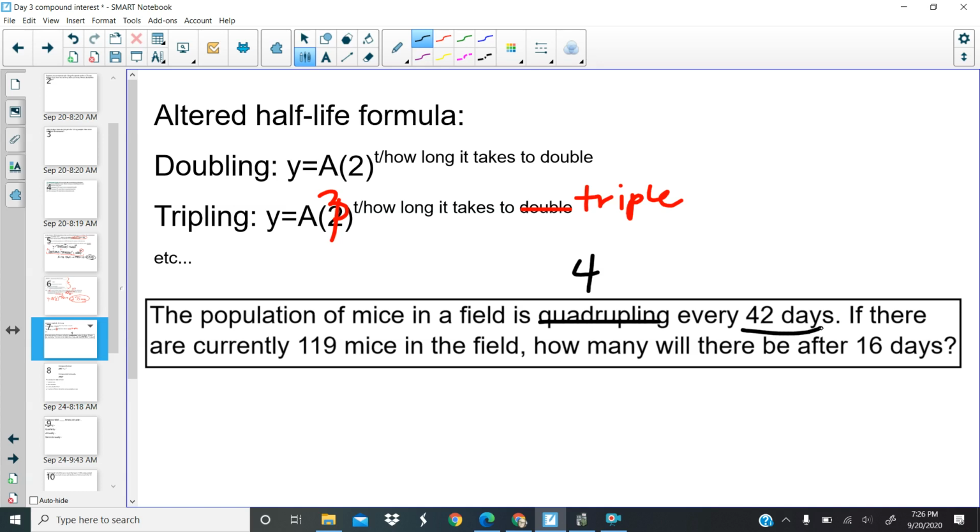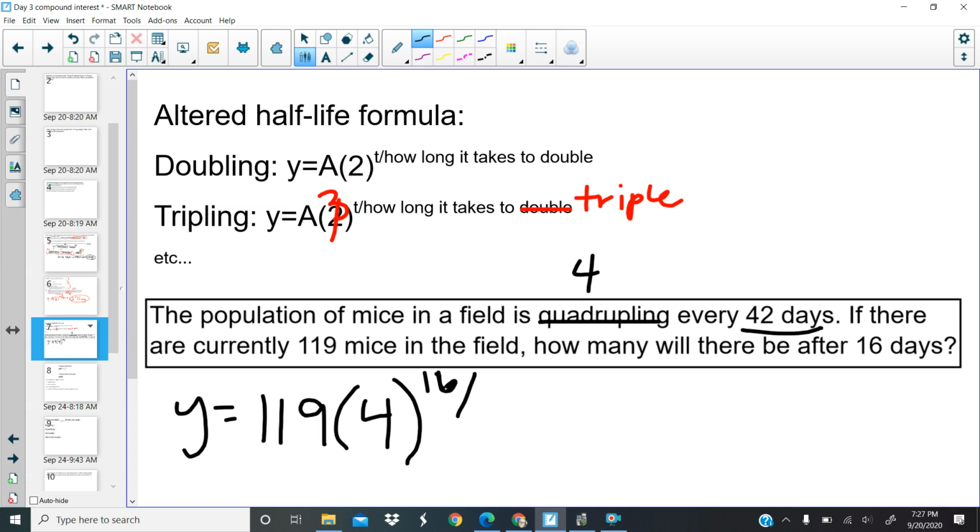So let's put that into the equation. We would have y equals the number of mice, or the initial amount that there are currently in the field, which is 119, times, it's quadrupling, so we put a 4 in here, raised to the T, which is the amount of time that has passed, which is 16 days, divided by the amount of time it takes to quadruple, which is going to be 42 days.